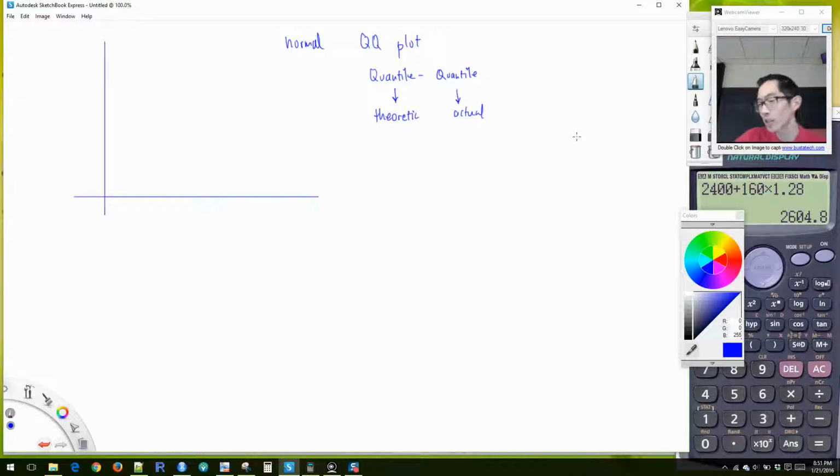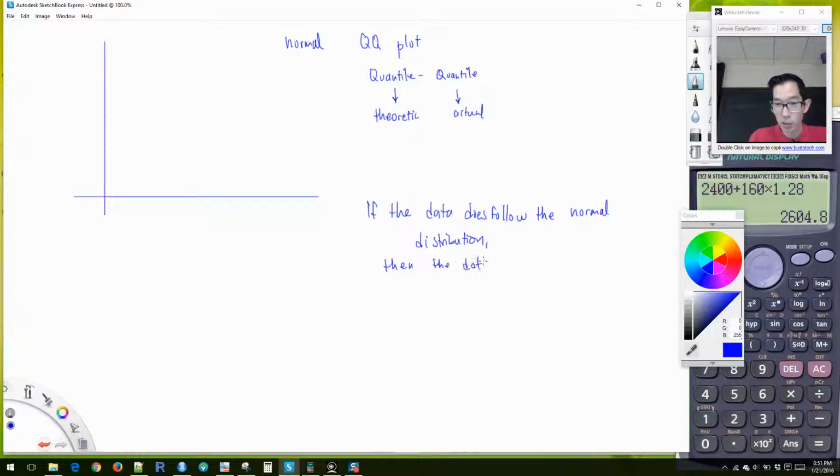You can look at this. Basically the main point is if the data does follow the normal distribution, then the dots in the normal QQ plot will look like a straight line.